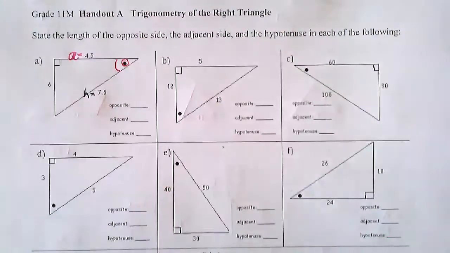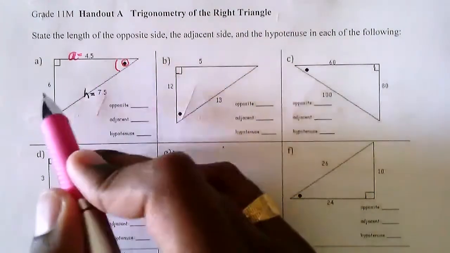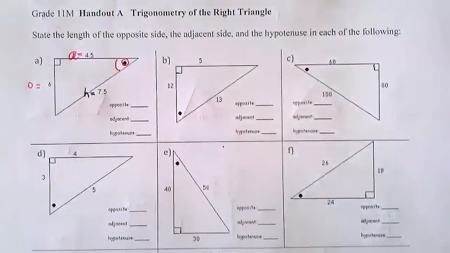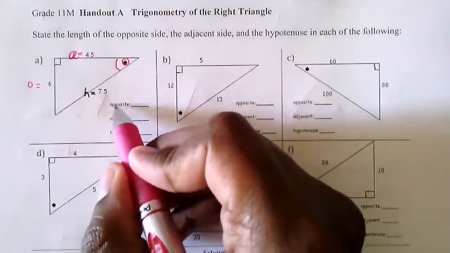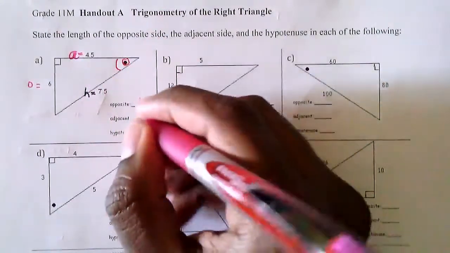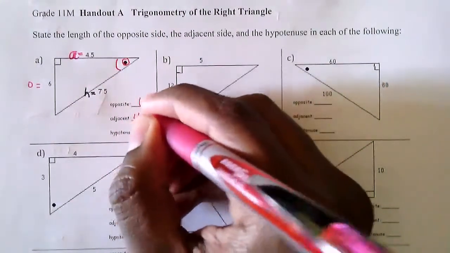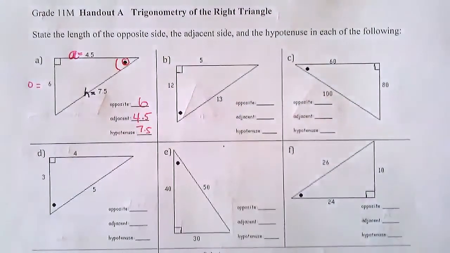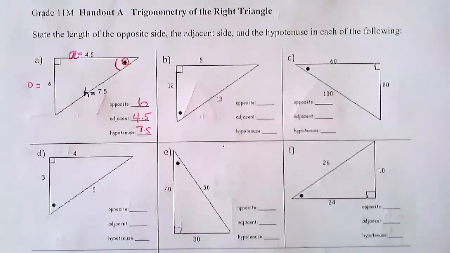So A is equal to, and the side opposite of my angle of interest is my opposite. So all you have to do is just label the side length. So the opposite here is 6 units, the adjacent is 4.5 units, and the hypotenuse is 7.5 units. That's essentially all you have to do for all of these questions.